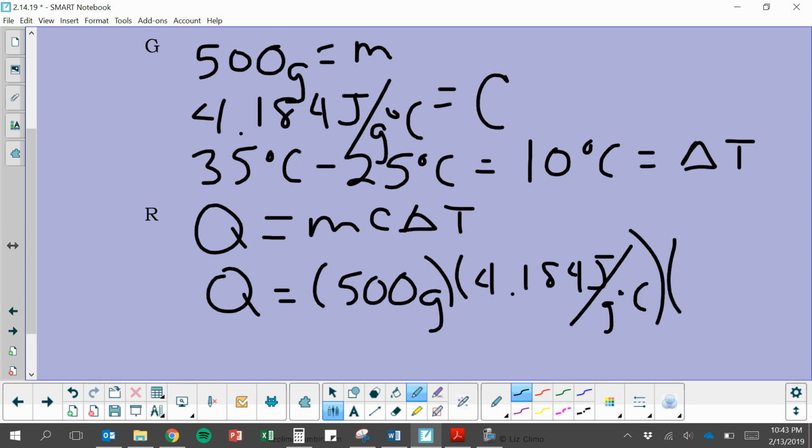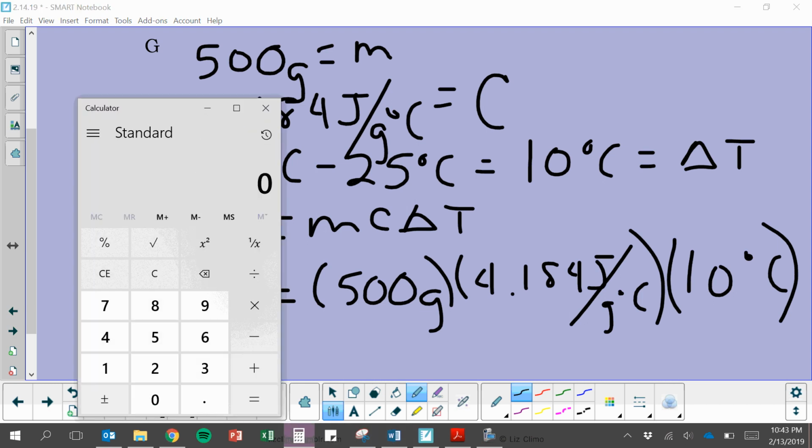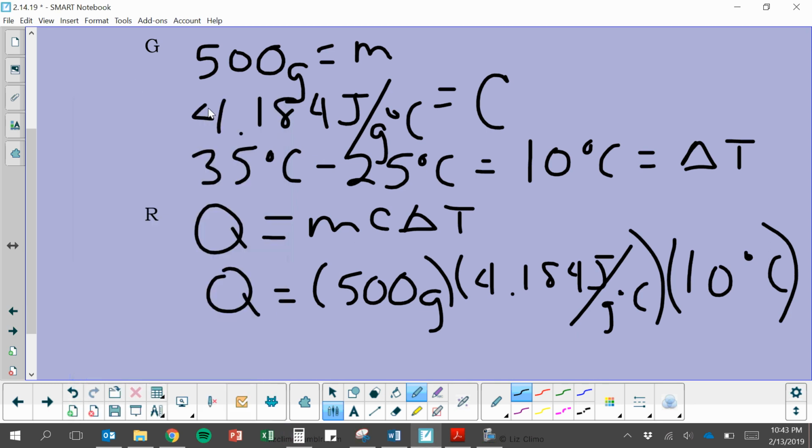And our delta T is 10 degrees Celsius. Then we're just going to put that in our calculator. So we have 500 times 4.184 times 10. So we have 20,920.